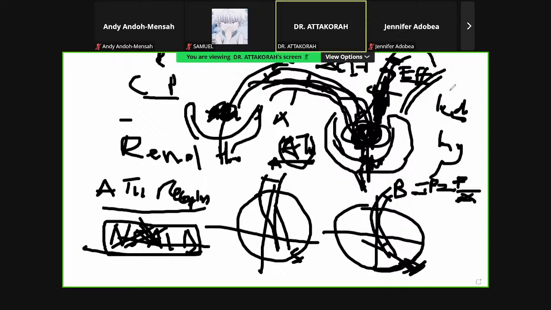What will happen is that the pressure buildup within the efferent arteries will be reduced because you open up the lumen, and therefore blood flow through this will be easier.